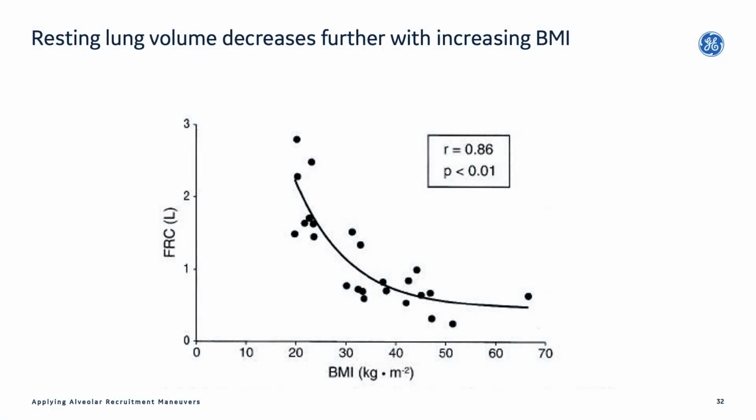In this study, we see that resting lung volume decreases further with increasing BMI. So FRC is measured on the vertical axis and BMI is given on the horizontal axis.